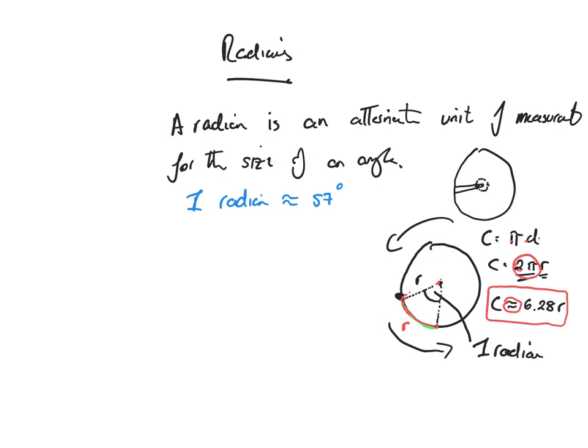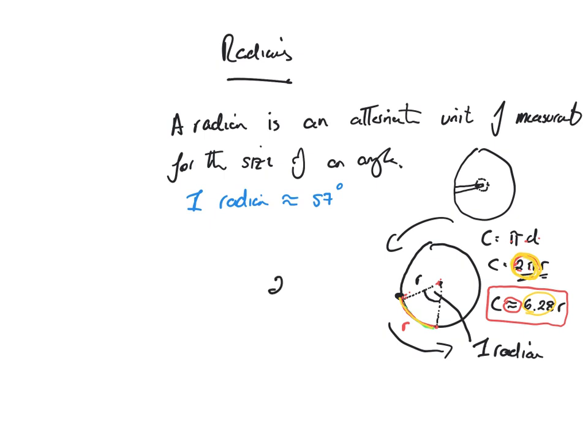Now, how many times will this radius, this piece of string, wrap around the circle? It will wrap around about 6 times, but a bit more precisely 6.28 times, and the exact value is that it wraps around 2 pi times.